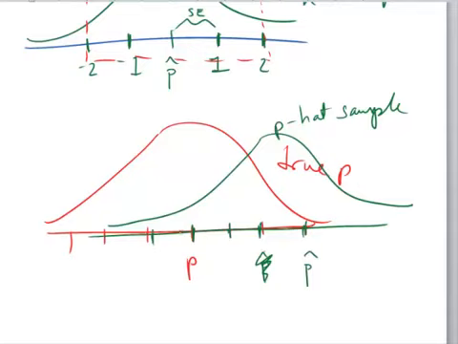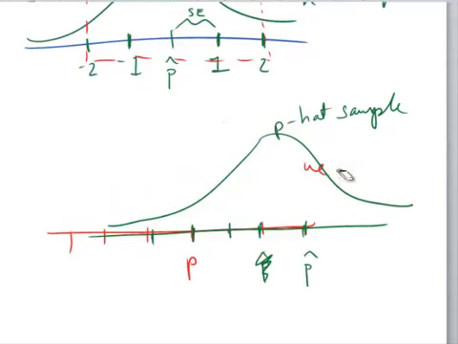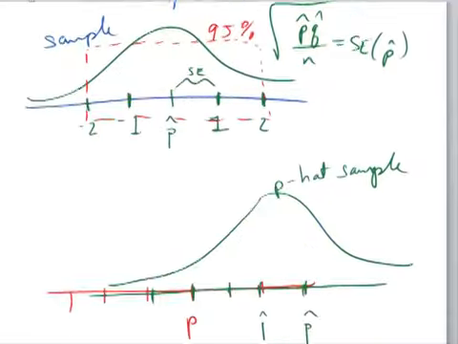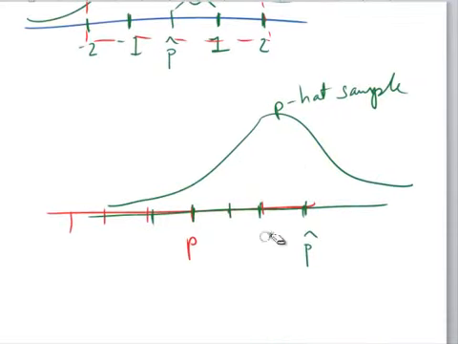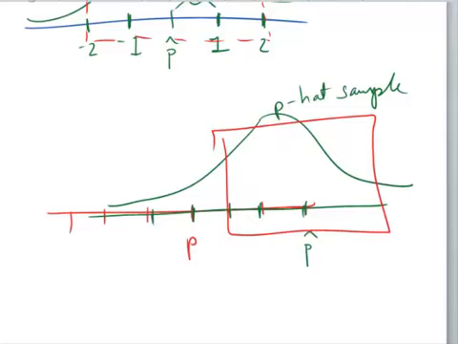Since we don't know the true p, the red, we're trying to estimate that true p by only doing our p hat. So by getting the sample, we're trying to say, okay, I could be 95% confident, because that would be 2 standard deviations, 95% confident of capturing the true p.